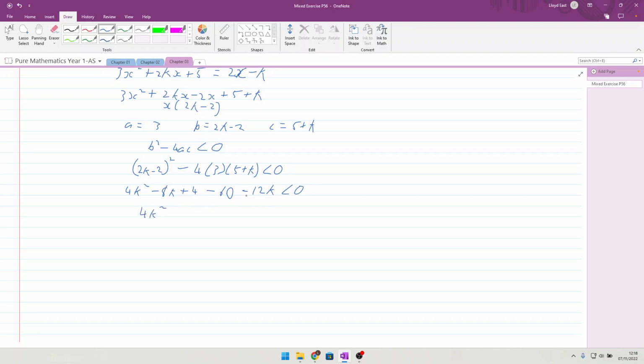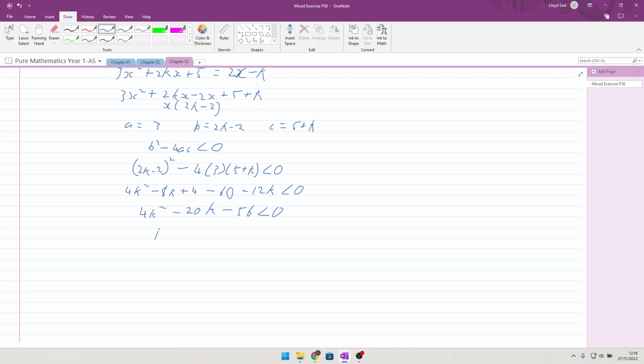Okay, 4k squared minus 8k plus 4 for the squaring out of the brackets, minus 60 minus 12k, is less than 0. So 4k squared minus 20k minus 56 is less than 0. Okay, solving that straight onto the calculator with the polynomial solver, we've got coefficients of 4, minus 20, and minus 56.